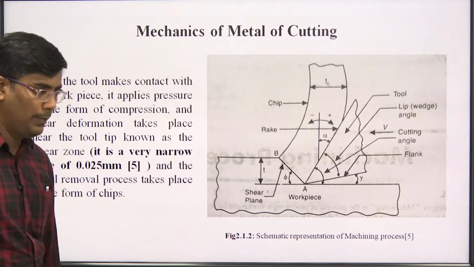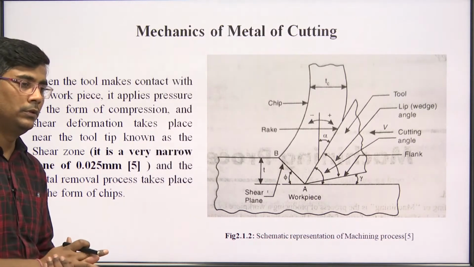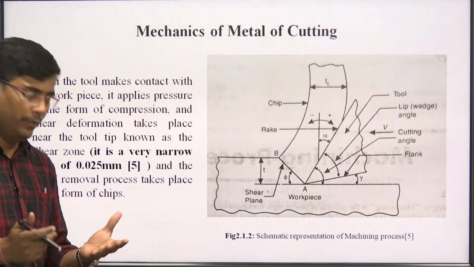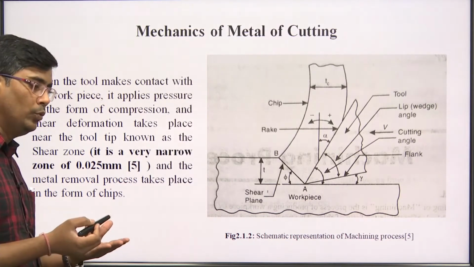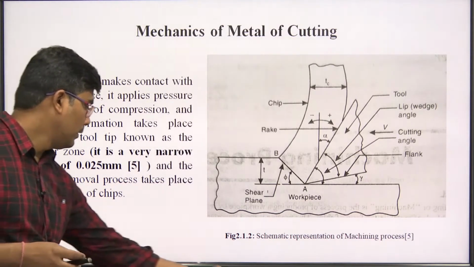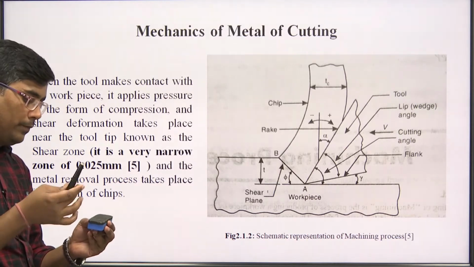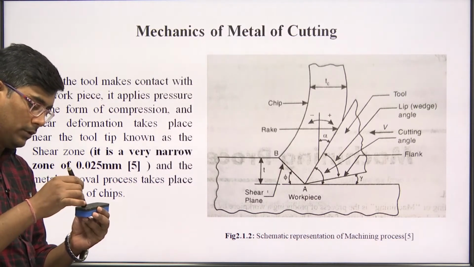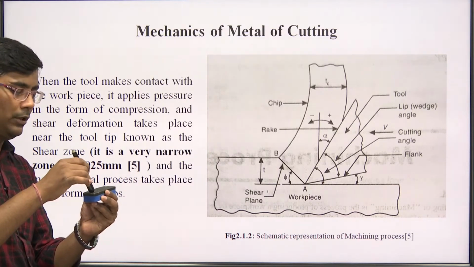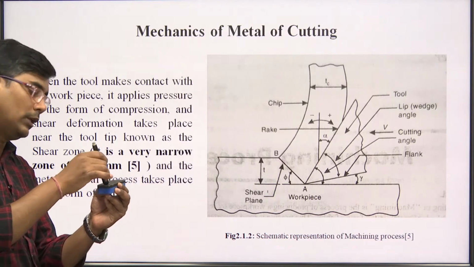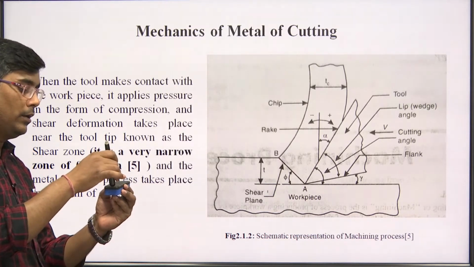When we apply the cutting force, generally when we apply pressure by the help of the tool on the workpiece, for example, you can assume that this is a workpiece and this is our tool. If the tool makes contact with this workpiece, then certainly it applies pressure at the point of contact, or you can say at the tip of the tool. So, that creates a compression.